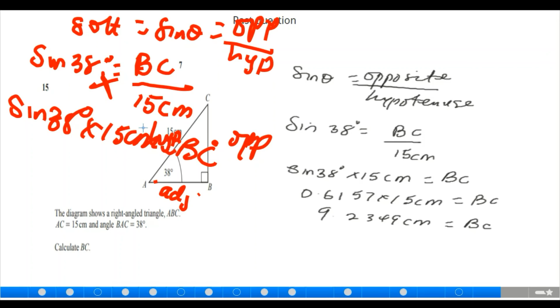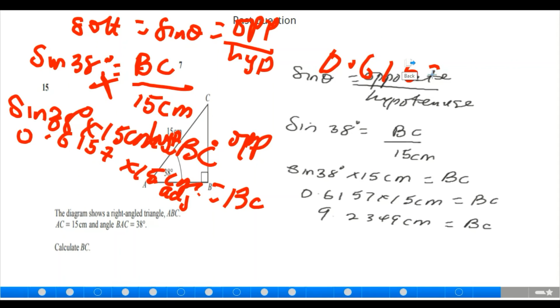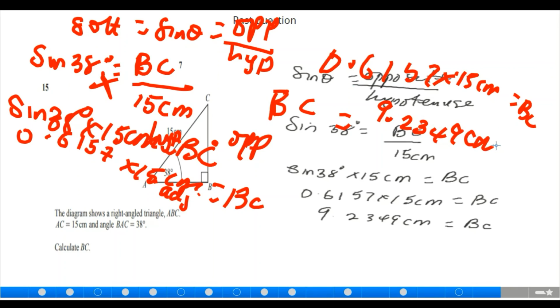Sine 38 degrees will give us 0.6157 after we approximate, multiplied by 15 centimeters equals BC. So BC is going to be 9.2349 centimeters.